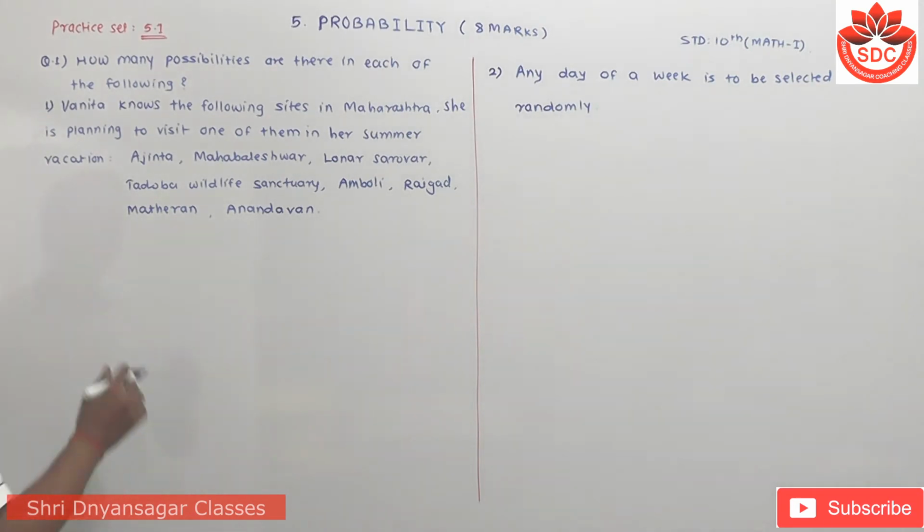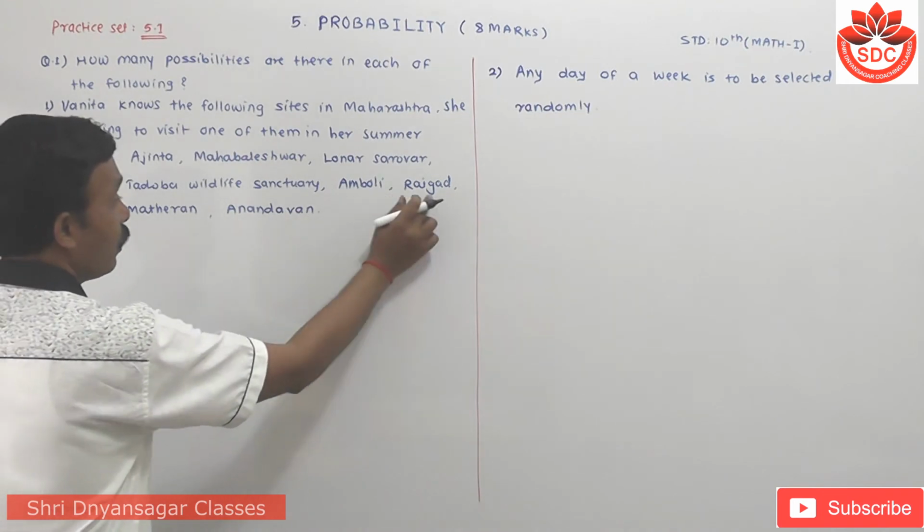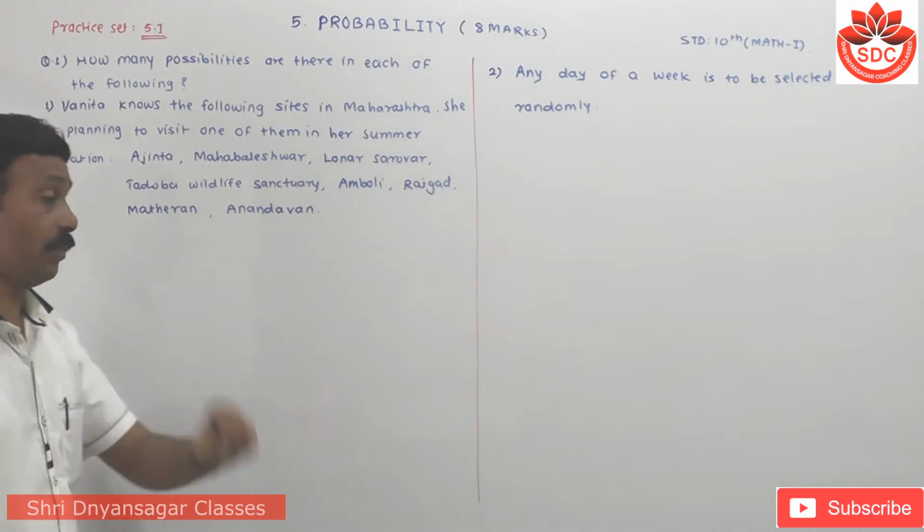How many sites are there? 1, 2, 3, 4, 5, 6, 7 and 8 sites. There are a total of 8 sites. So Vanita can visit any of the 8 sites in Maharashtra, so she has 8 possibilities.